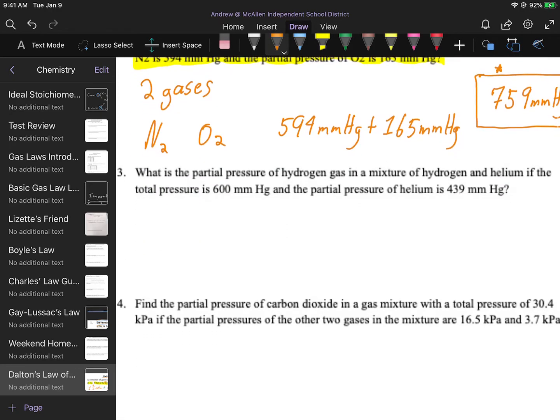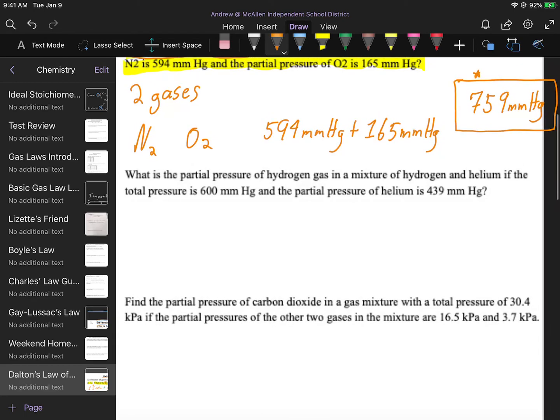Now, number 3 is going to twist this around a little bit. This time it's asking what is the partial pressure of hydrogen gas in a mixture of hydrogen and helium if the total pressure is 600 millimeters mercury and the partial pressure of helium is 439 millimeters mercury. Now this one, we flipped it.